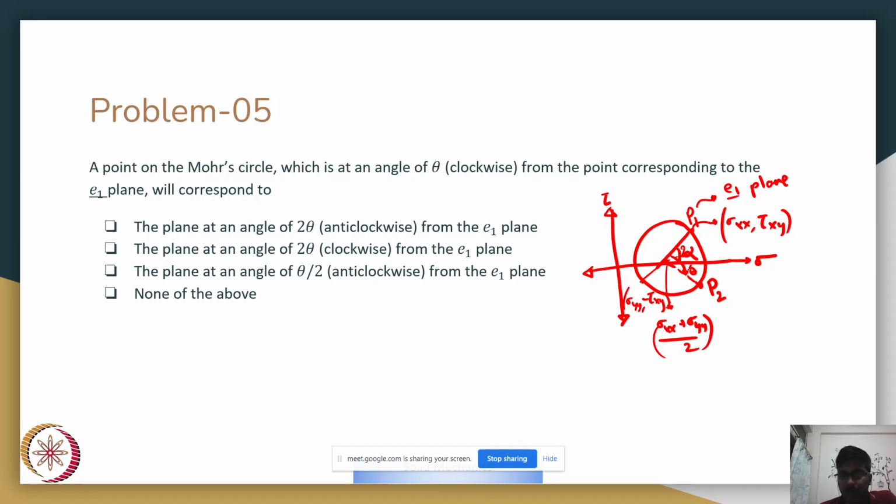In reality we know that if you move your plane normal to a different location n, which is at an angle phi with respect to E1, then on the Mohr circle you will move by 2 phi in the clockwise direction.